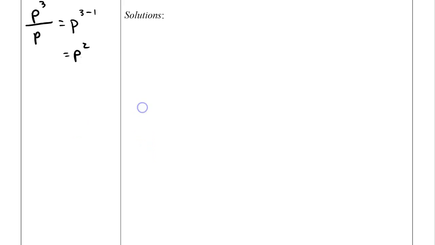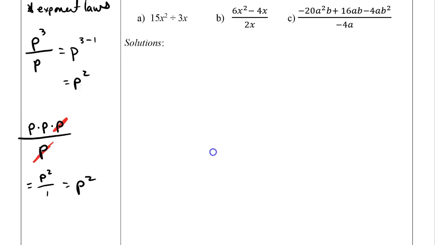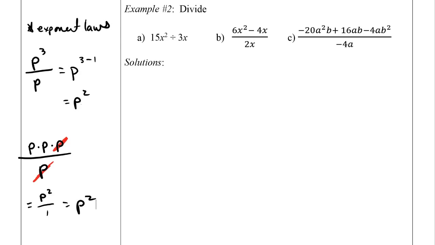Another way that I could think about it is if I have a P times a P times a P over a P, one of the P's in the bottom is going to cancel with the top. So then what I'm left with is P squared over 1, which is just the same thing as P squared. So however you want to frame it for yourself, it works out to the same thing.